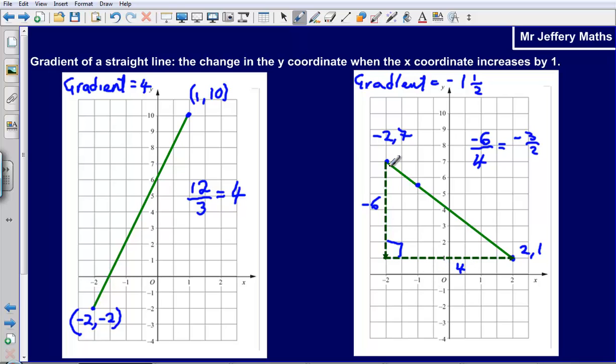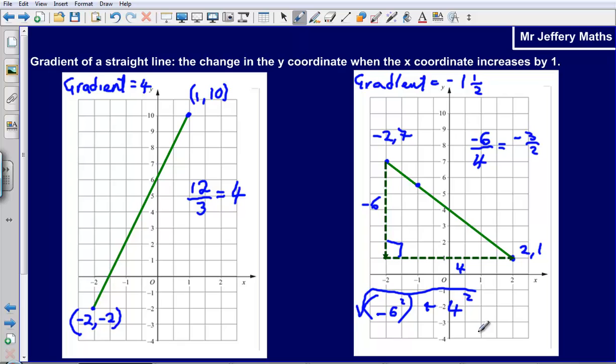So in order to work out what the length of this line would be, I would simply just use Pythagoras, so -6 squared plus 4 squared, and then square root that answer. So that would be the square root of 36 plus 16. Run out of space a little bit here.